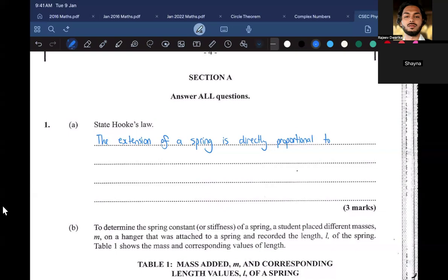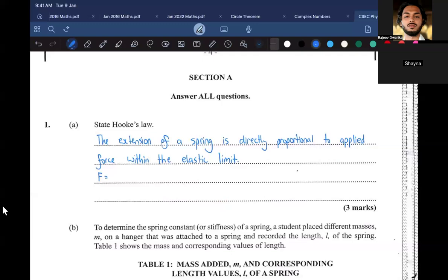I'll put this on the screen, right? So the extension of a spring is directly proportional to the applied force within the elastic limit. And if you want to be extra fancy, you could put in the formula as well.